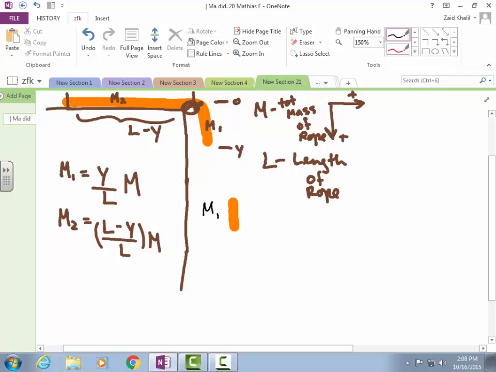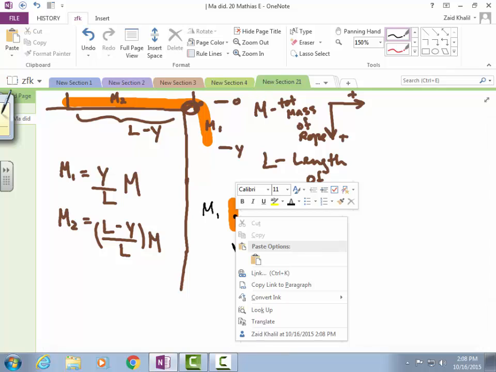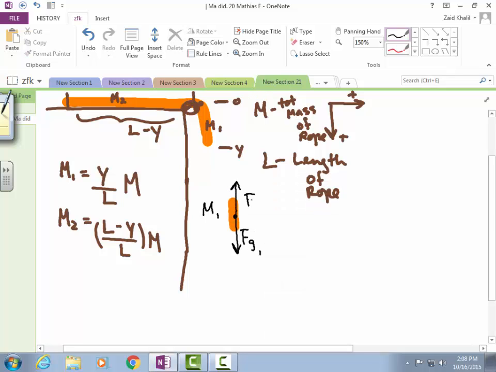The force of gravity, so Fg1, and the force of tension, which is directed upward, Ft1. And notice, force of tension is going to be the same for M1 and M2. Why? Because we're looking at it at a point. Is the force of tension going to be the same throughout the rope? No. Force of tension is going to vary throughout this rope. But at a single point, that force of tension is going to be the same. So let's call that Ft.